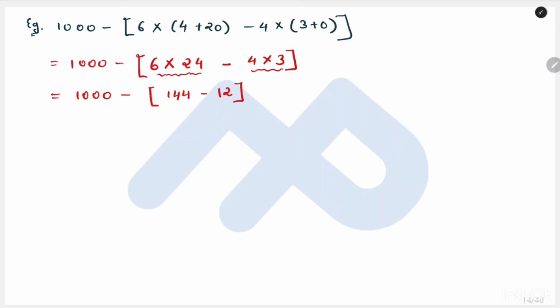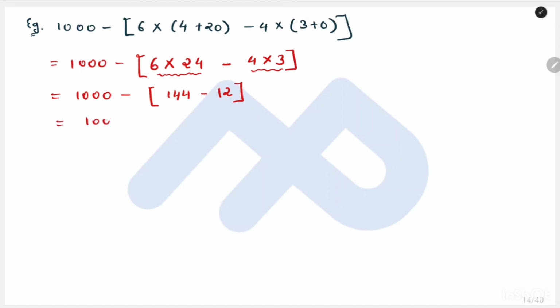You could have solved them separately also, but it's not necessary. Now you're in 8th, 9th grade, so you must have done this in primary grade, so we can solve them simultaneously.